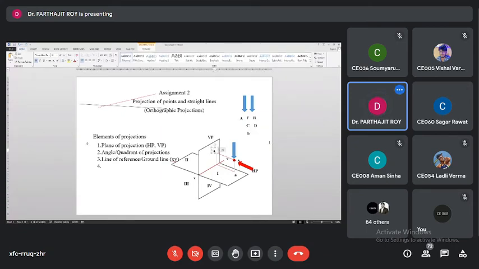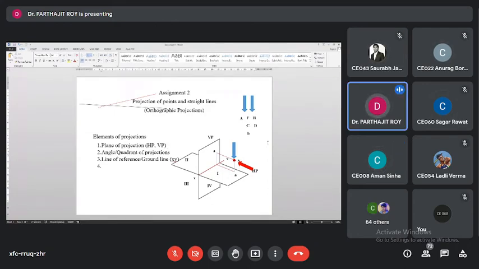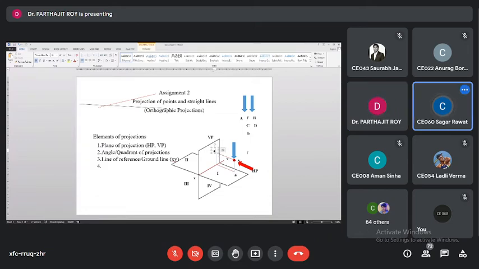Yes or no? Yes, sir. So it will be at the same height where the actual point is, which is also equal to the height of the actual point from the horizontal plane. Yes or no? Yes, sir. And that height, the foot of the projection point you are getting now, is also measured from the reference line XY. Am I clear? Yes, sir.